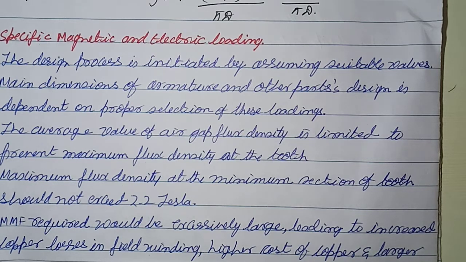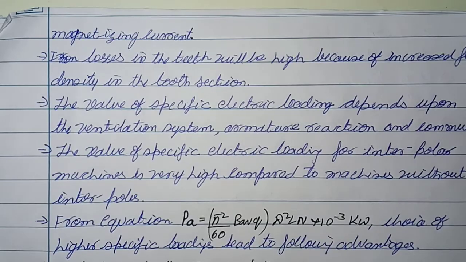Flux is proportional to the current flowing through those windings, and copper losses are I square R. So more flux means more I, and more I means more losses, because losses are I square R. That is the limitation. Then we also have the higher cost of copper, and a large magnetizing current would be required.